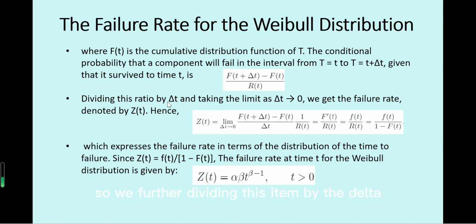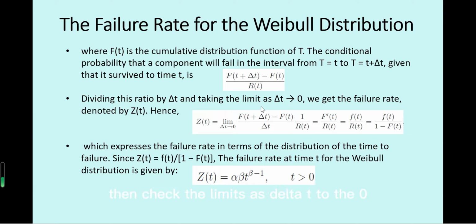So we further divide this item by delta t, because this delta t is not specified how much.